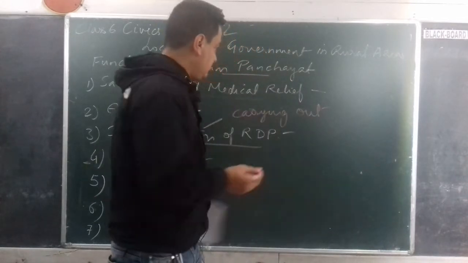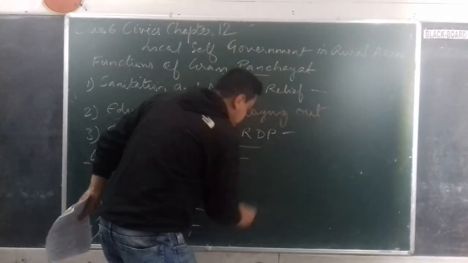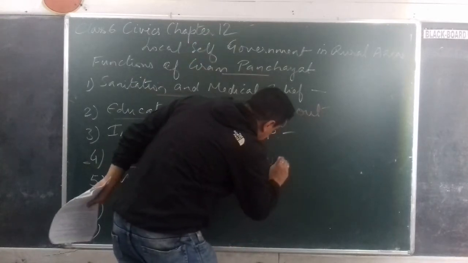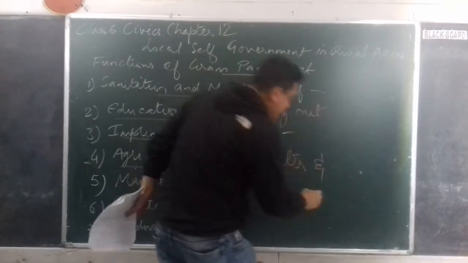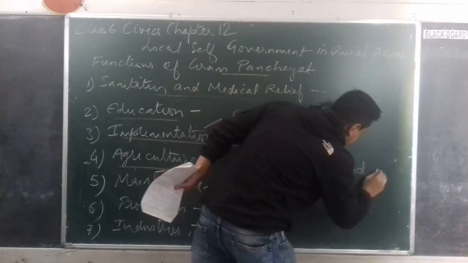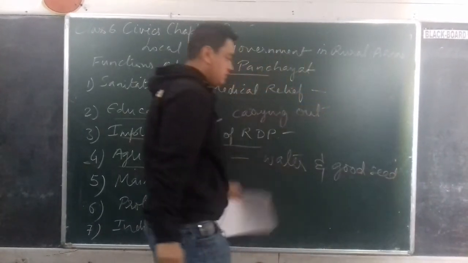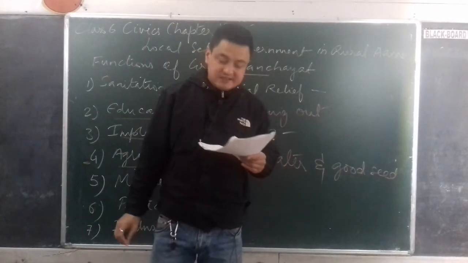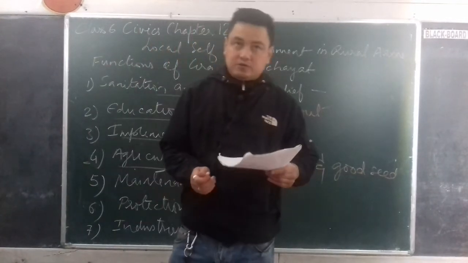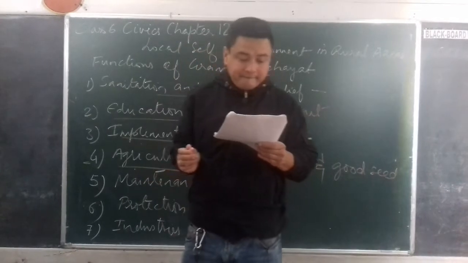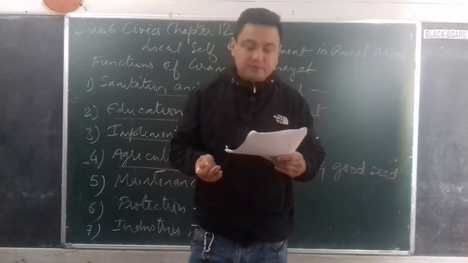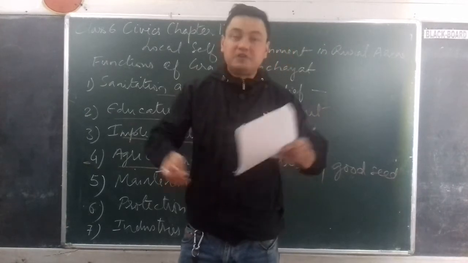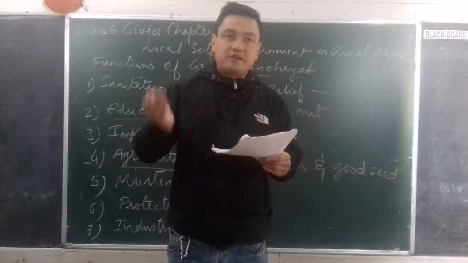Agriculture needs good water, plenty of water and good seed. This good seed is known as better yielding seeds, or high variety of seeds, which we find in the shops and have to buy so that they give good crops.